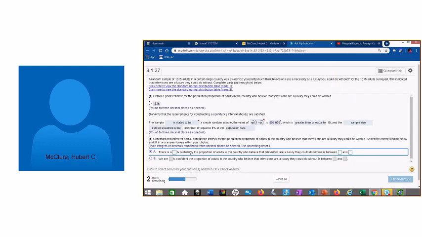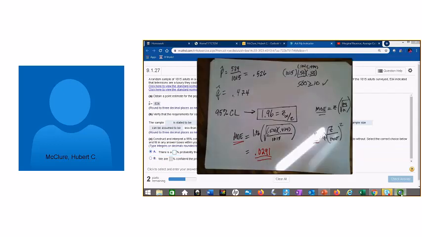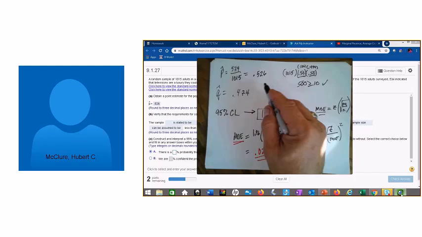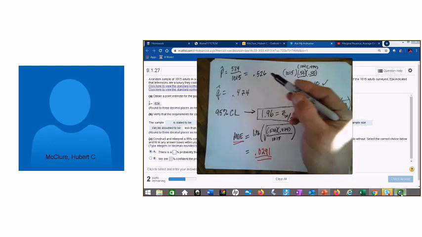So you would do 0.0291. I don't know what they're asking here except, oh, I know what they're asking. Let me go back. So P hat is what, 0.526?